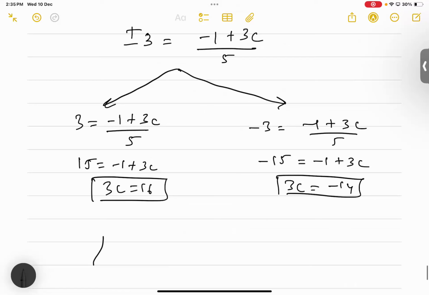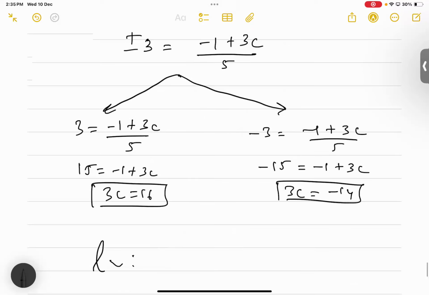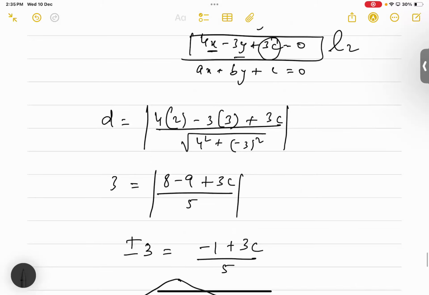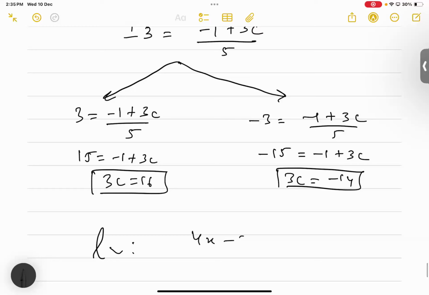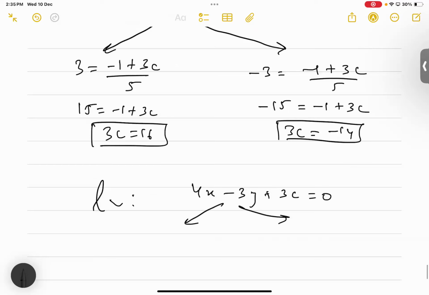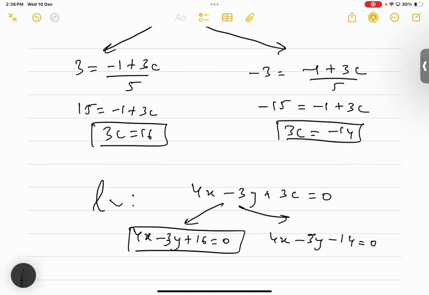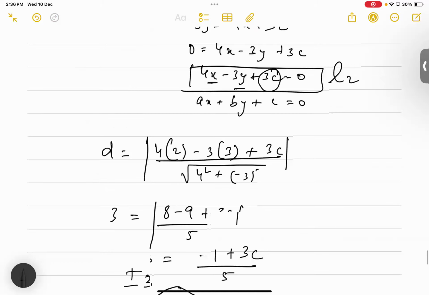We require the equation of L2, right? L2 is 4x minus 3y plus 3c equal to 0. Once you put 3c as 16, and once you put 3c as minus 14, equal to 0. This is L2. Clear?